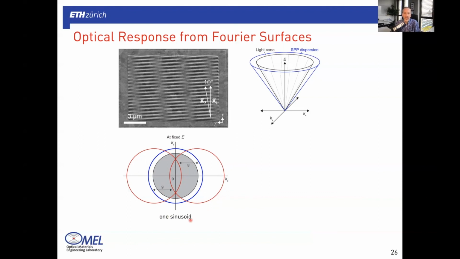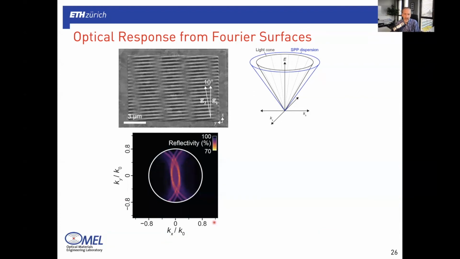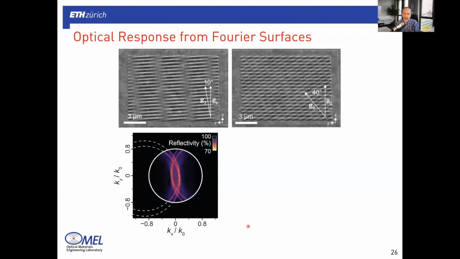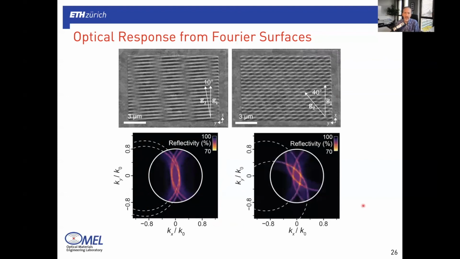And that's for one sinusoid, but if we take 2 sinusoids rotated, the second one rotated by 10 degrees, we would expect to see 2 such arcs. And that's, in fact, exactly what we see. Similarly, if we do that for 2 gratings rotated by 40 degrees from each other, then the second arcs rotate by 40 degrees, again, what you would expect.